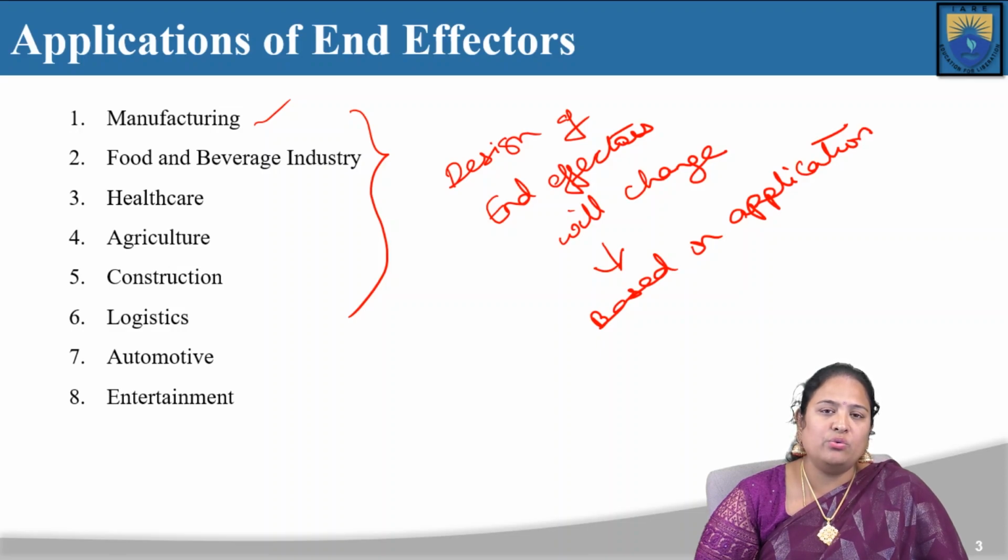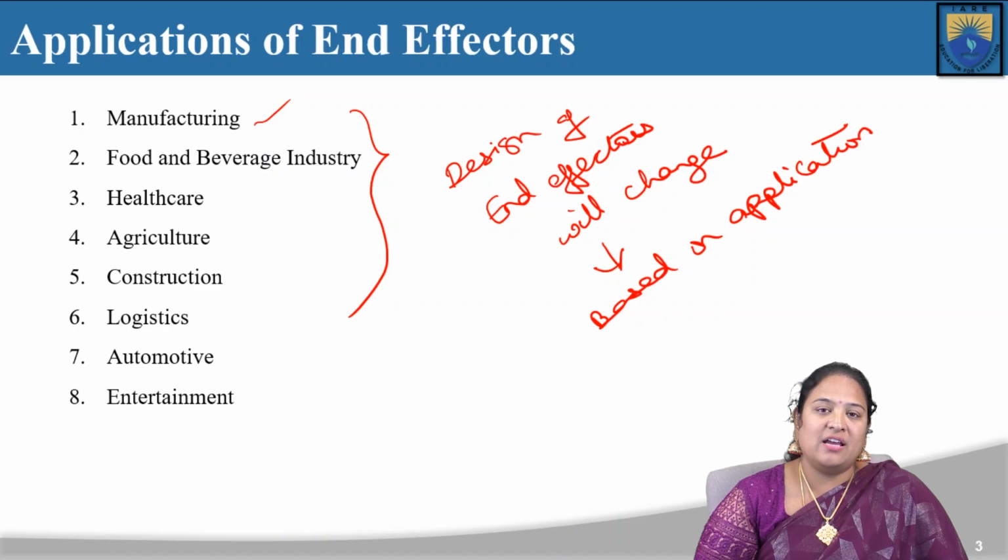Whereas the vacuum type of end effectors cannot be used in automobile or manufacturing industries, because there we cannot suck the product with the help of a vacuum and place it at the other place. So there, with the help of a gripper, we need to hold the object and place it wherever required.